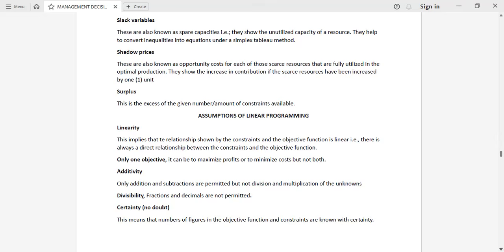Under linear programming, we accept fractions and decimals. So you may not see us using any of those under our computations.